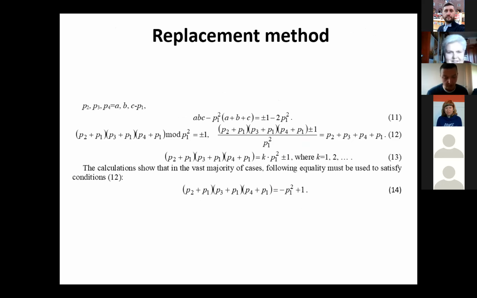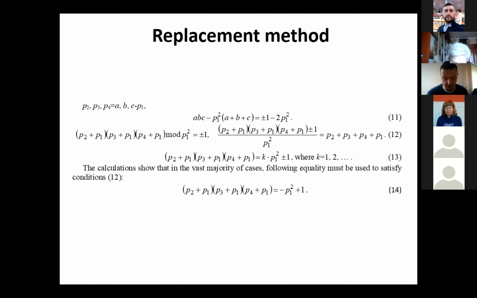For modulo MPF RNS, after replacement of P2, P3, P4 equal to A, B, C minus P1 and corresponding mathematical transformation, formula 10 is converted to the following expression, as shown in 11. We get the conditions that must be satisfied to create MPF RNS, as shown in 12.